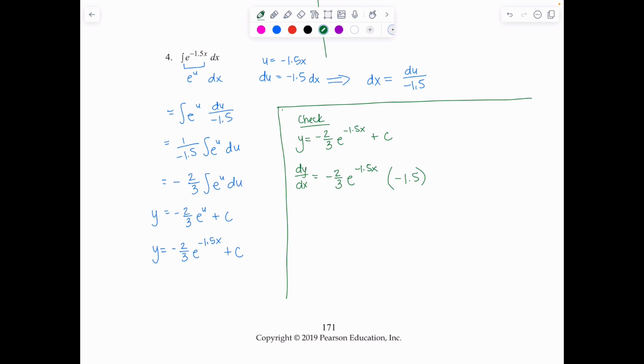Now we've got negative 1.5 times negative 2/3. So we will be left with e to the negative 1.5x. And that's what we started with, so we should be feeling pretty good.